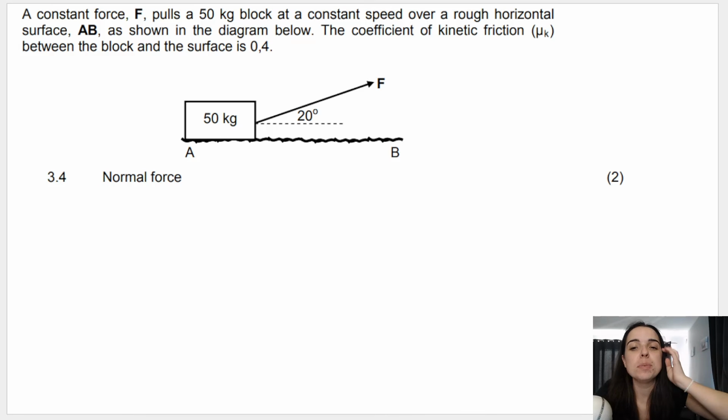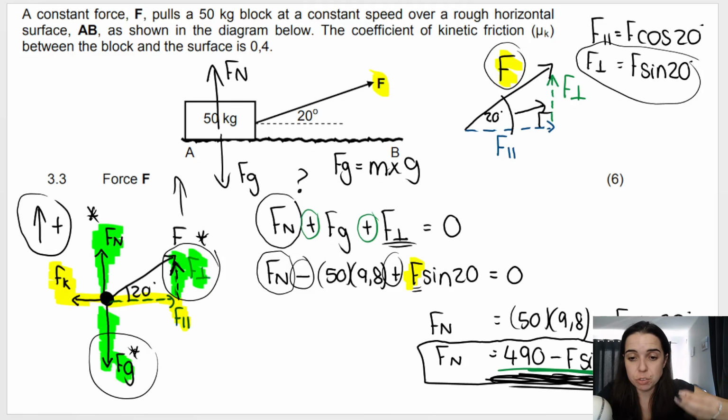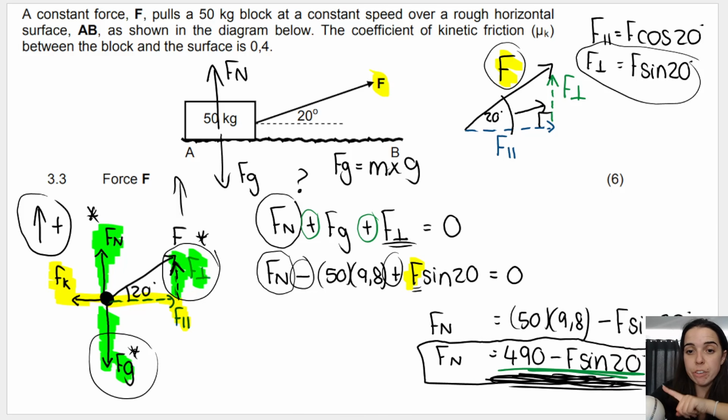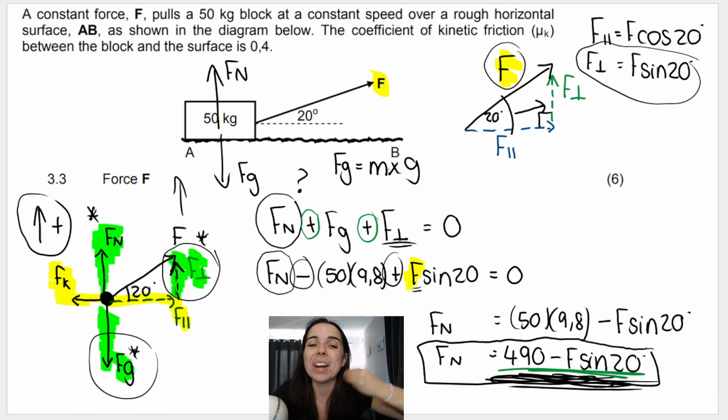The next question wants me to find the normal force. If you did the previous question properly, remember, we wrote an equation for the normal force. Remember this one over here? Fn is equal to 490 minus F sin 20. You already have this equation from your previous answer, so 3.3, we wrote this equation. All you need to do now is rewrite this equation, but now we know what F is.